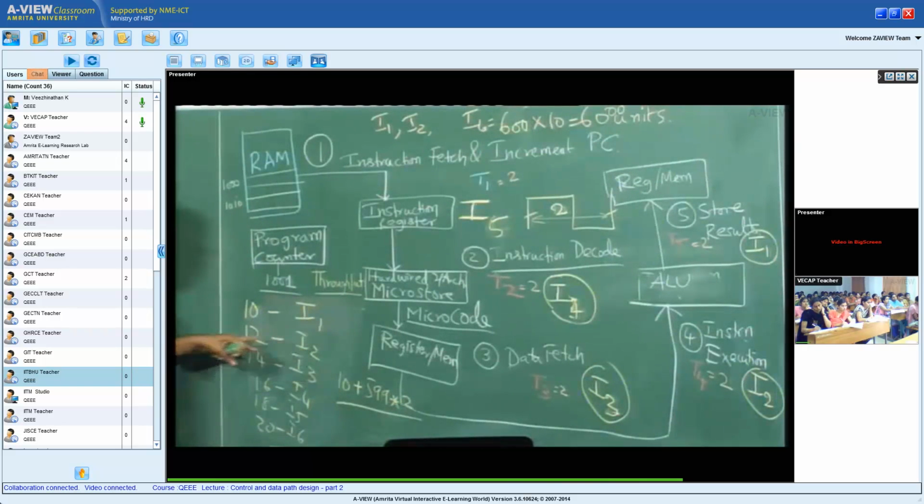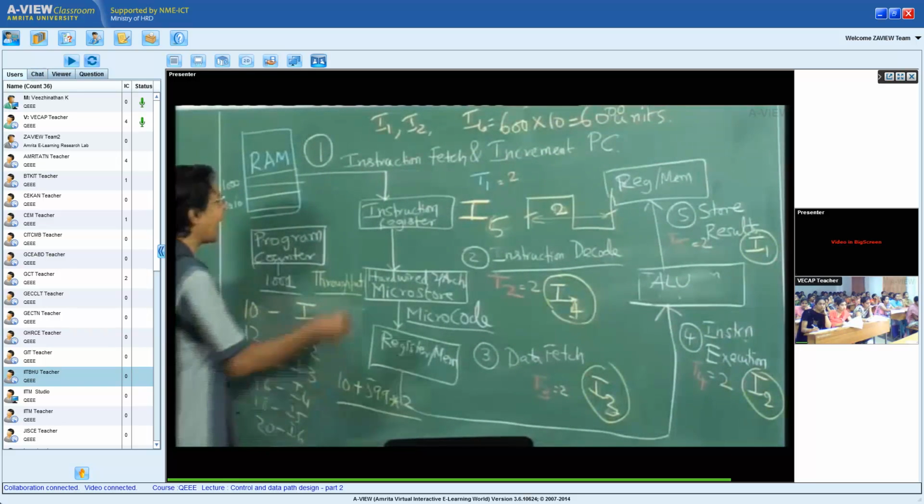You get I2 at 12, which is 10 plus 2. This is 10 plus 2 into 2, this is 10 plus 3 into 2, this is 10 plus 4 into 2. So I1 is 10, I2 is 12, I3 is 14.